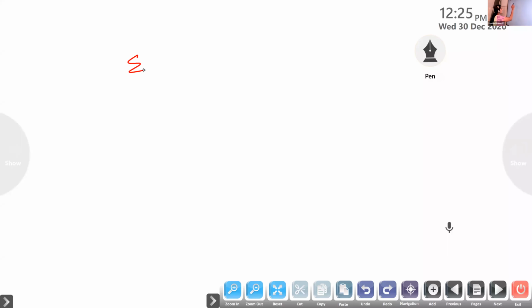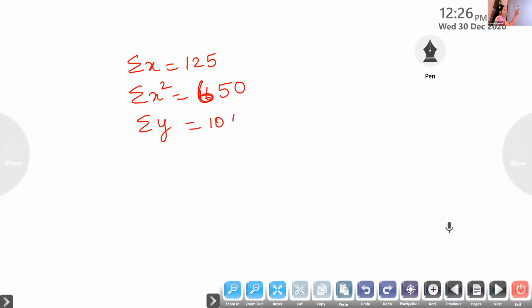Sigma x is equal to 125. Sigma x square is 650. Sigma y is 100. Sigma y square is 460. And sigma xy is 508.